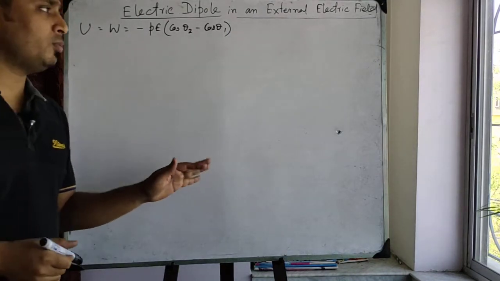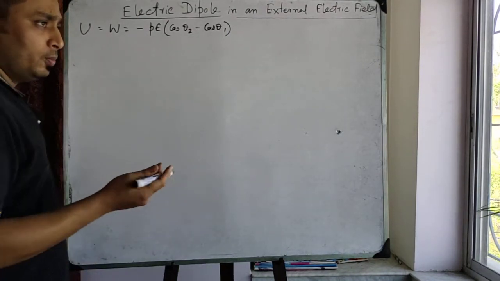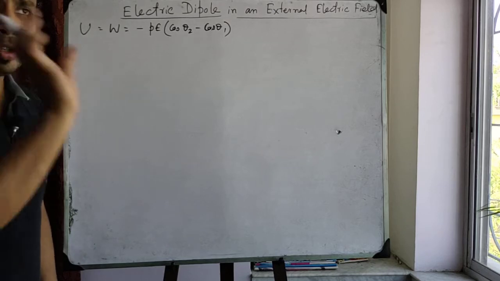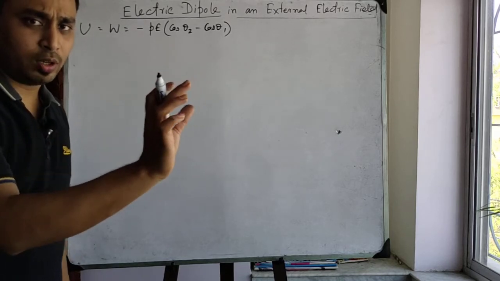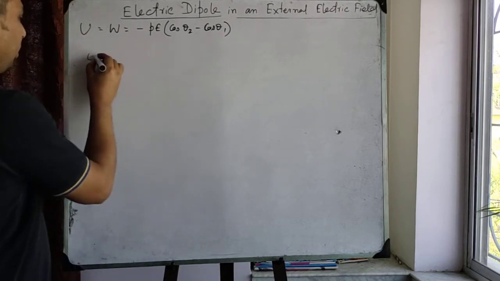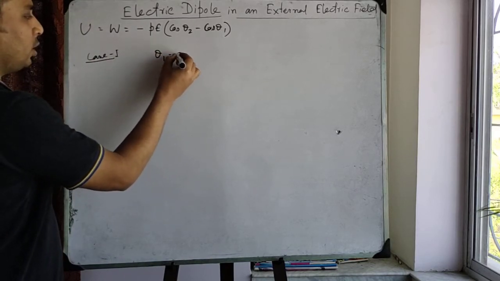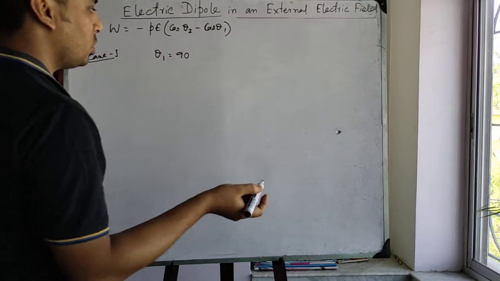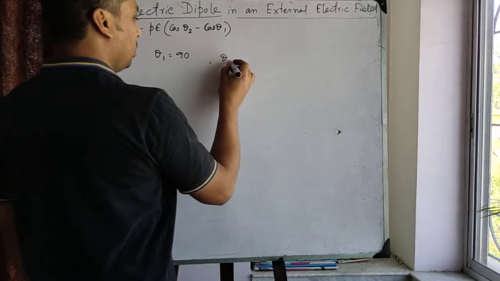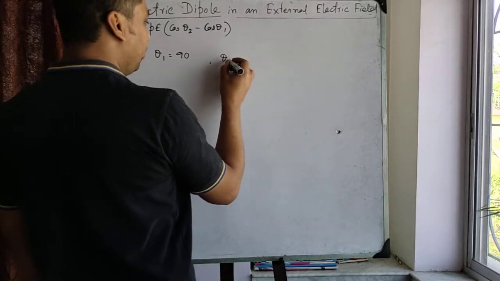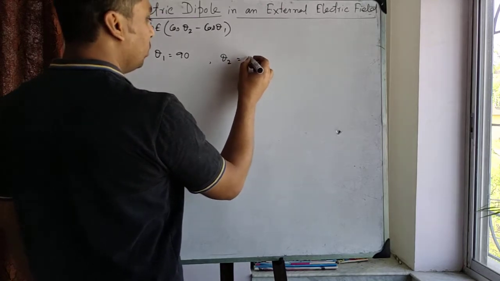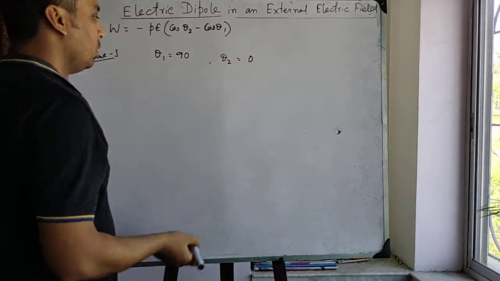So what is the work done to rotate the dipole from the most unstable position, that is theta 1 equal to 90 degree, case 1, to the most stable position, that is the stable equilibrium, theta 2 equal to 0 degree.